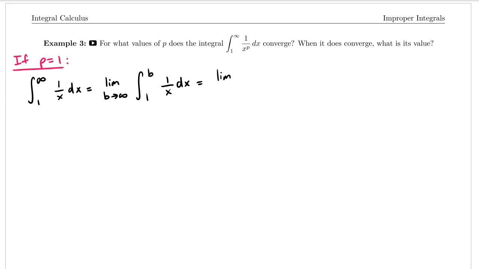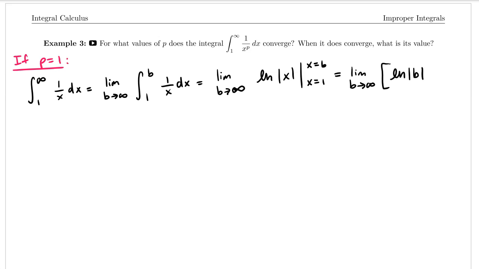That is equal to the limit as b approaches infinity of the natural log of the absolute value of x evaluated from x equals 1 to x equals b. And that's going to equal the limit as b approaches infinity of the natural log of the absolute value of b minus the natural log of 1, which is going to equal 0.